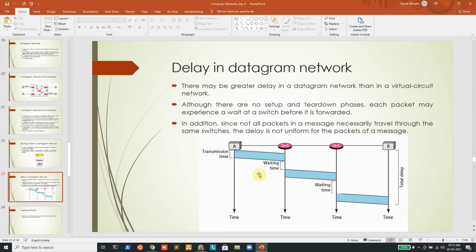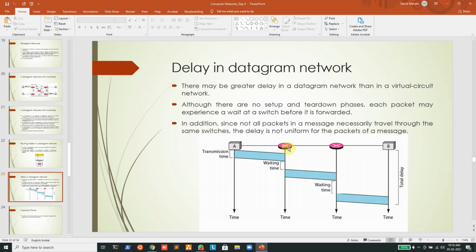Whenever we have data from A, it will go to the first switch. The first switch, based on its routing table, will send the data to the next switch. Now, following the routing table, it needs to generate a query in the routing table. The query will be answered by the routing table, and based on that answer, it will send the data through its specific port.